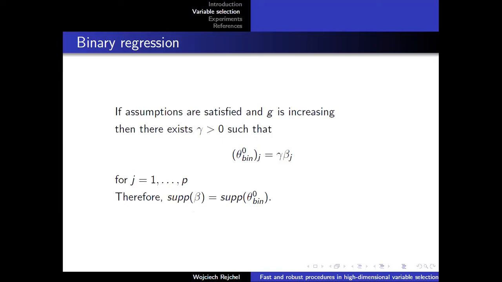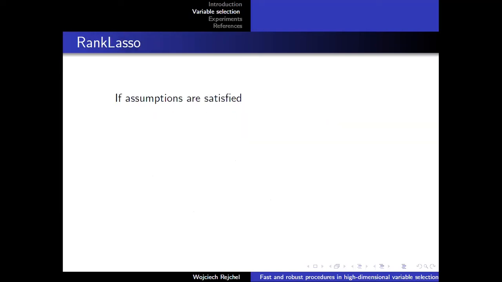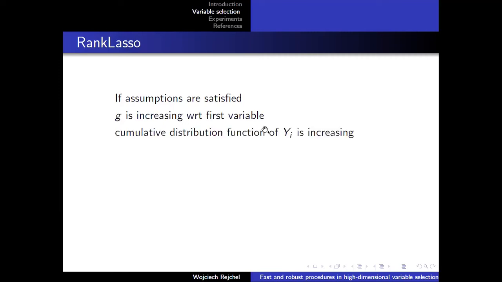Okay, so this is about the binary regression, and about the procedure which uses ranks. We have the same assumptions. What do we need more? We need, again, that G is increasing with respect to the first variable, and we need that the distribution function of Y is increasing. In general, it is non-decreasing, but we need that it is increasing, so this is not restrictive. And then we have a very similar claim.